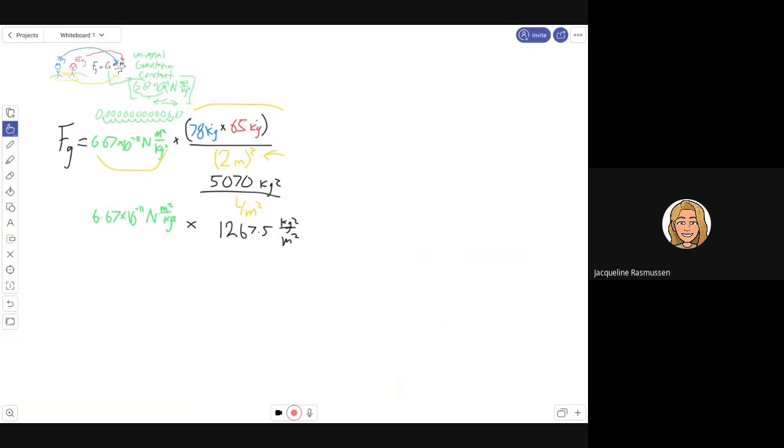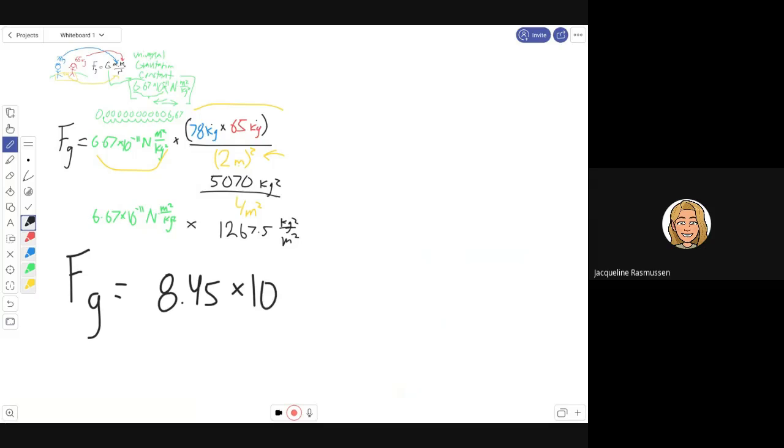So let's write that out and make sure our units check out, and that'll be our last step. So force of attraction is 8.45 times 10 to the negative 8. And let's look at the units. I'm going to write them over here on the side: newtons, and we've got meters squared over kilograms squared, and we're multiplying that by kilograms squared over meters squared.